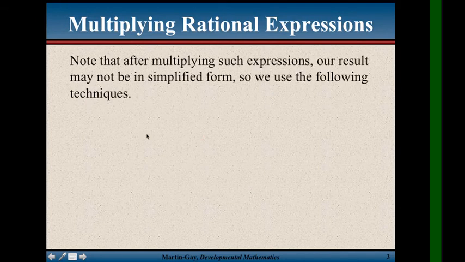To understand it better, I have prepared some examples for this discussion.